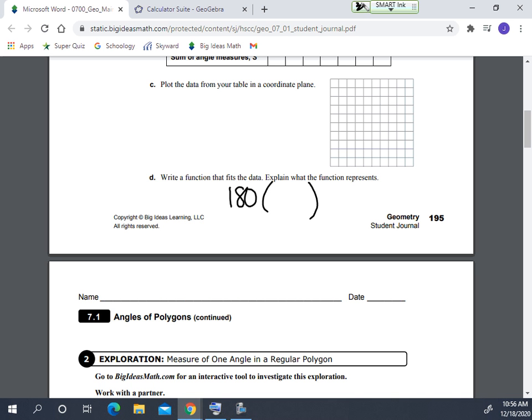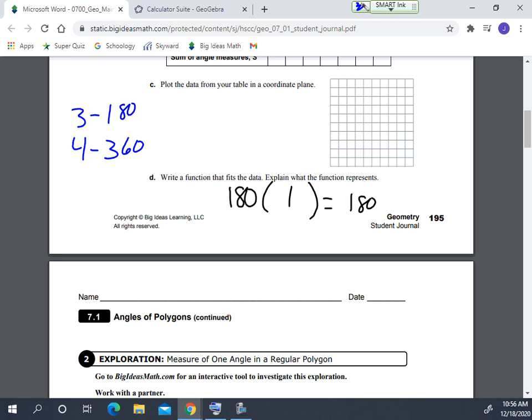Well, let's start with this. What do we know about a triangle? A triangle has 3 sides, right? We know that a triangle has 3 sides, and it's 180 degrees. So we know that 180 has to be multiplied by 1 to find a triangle, and that's 180, right? A quadrilateral has 4, and it's 360.